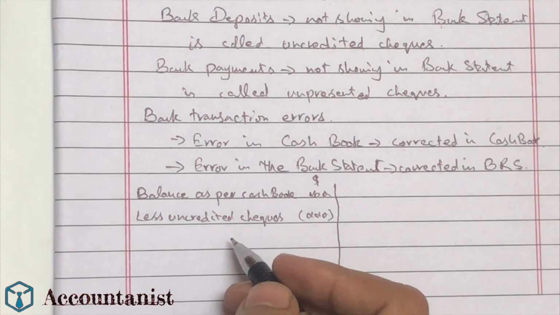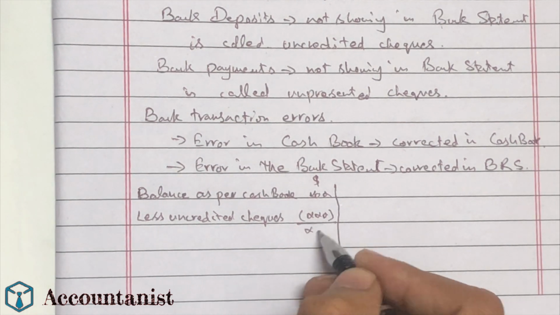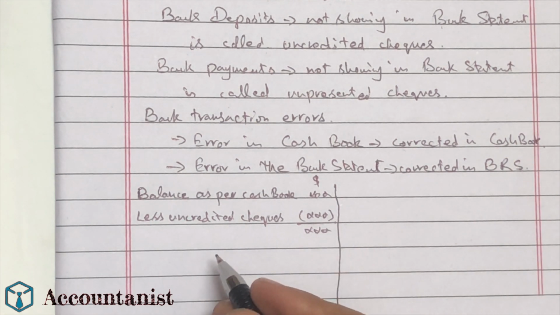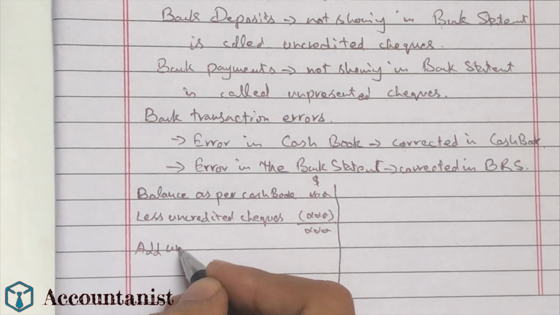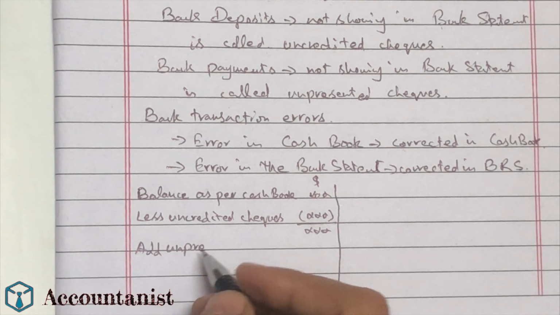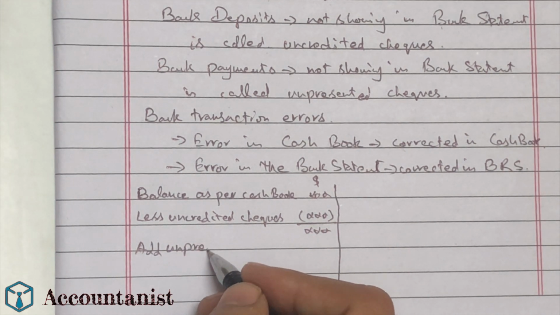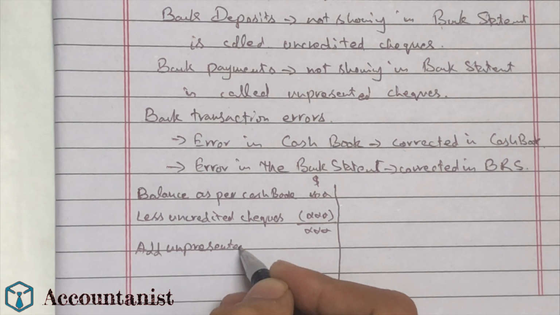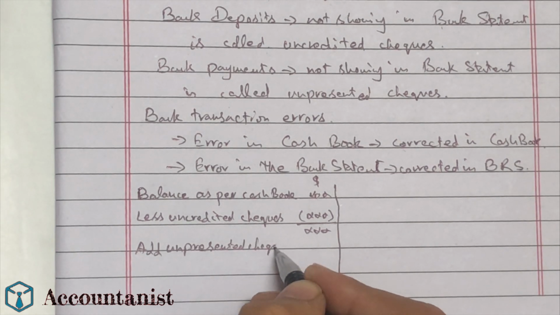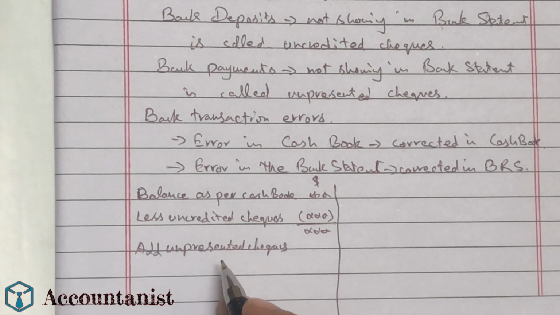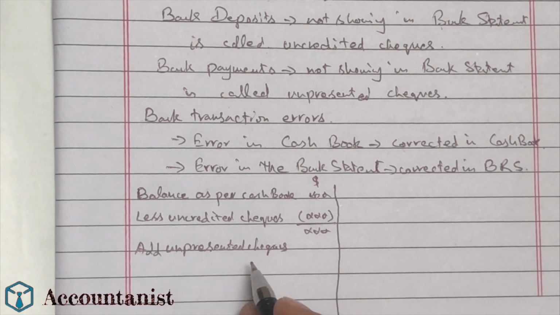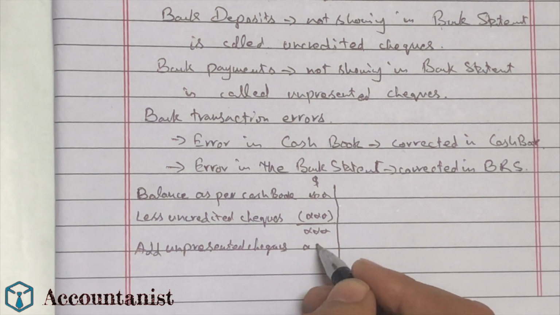So after doing this adjustment, we will have a balance, and then we will add unpresented checks. So these are the checks of the payments that we made from our bank account, but it is not showing in the bank statement.